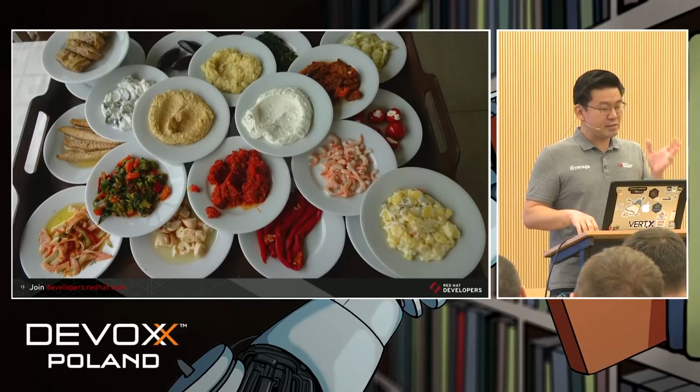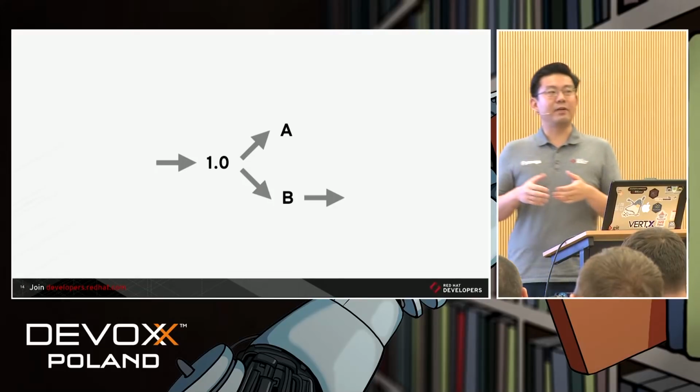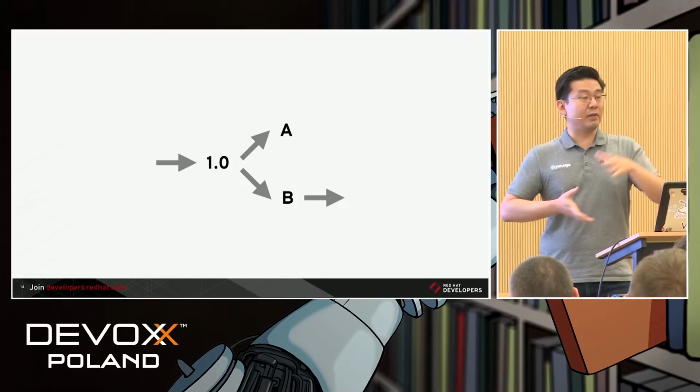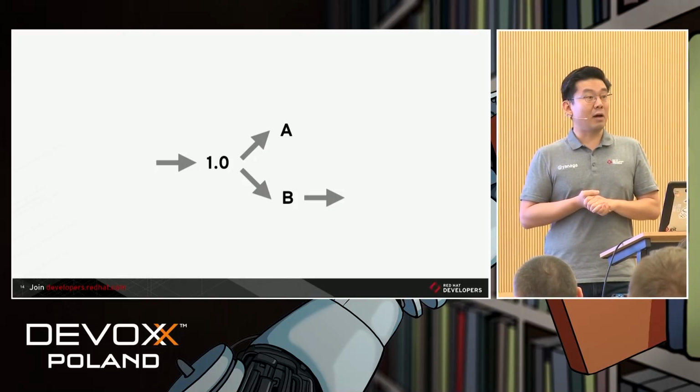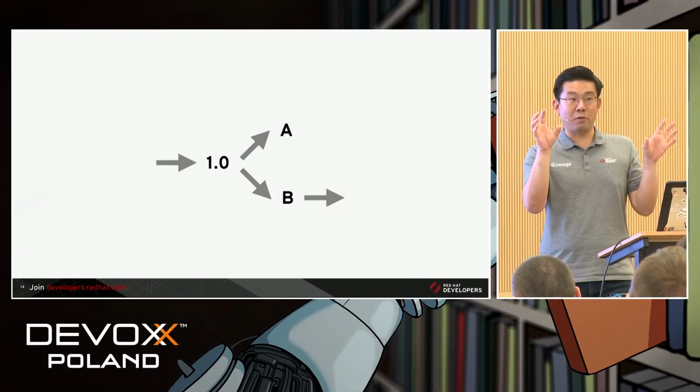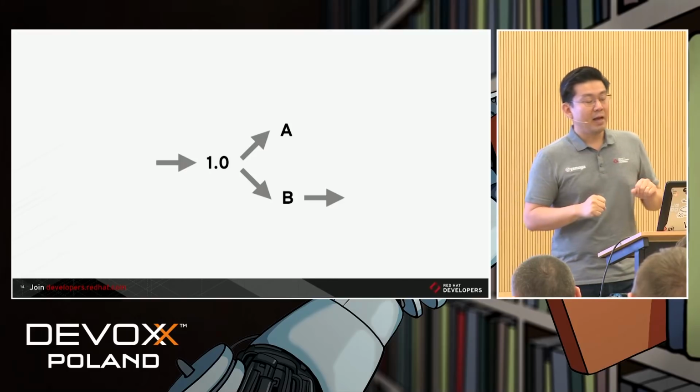So with hypothesis-driven development, I have version 1.0, and maybe the business guys or even the developer people, I don't know how I will implement this feature, right? I don't know if this feature will perform better this way or the other way, so you have this doubt in your mind.